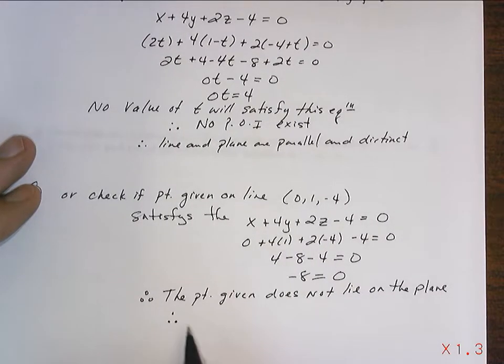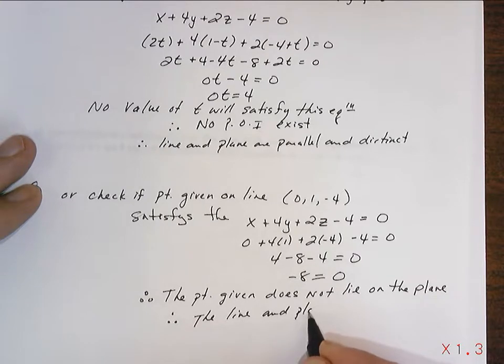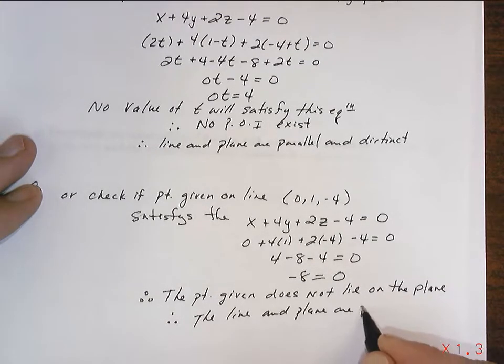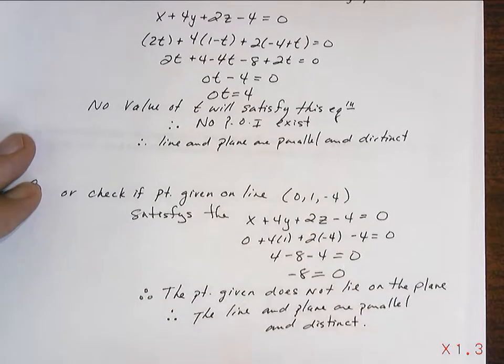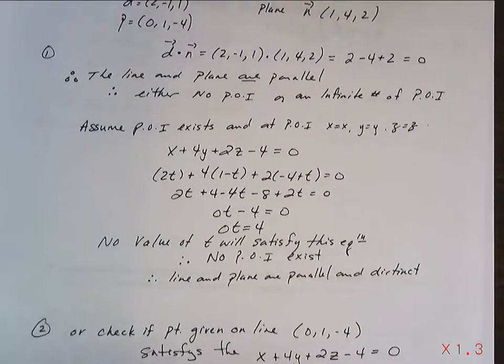Therefore, if we have to decide whether the line lies in the plane or whether the line and the plane are distinct, this tells me that that point isn't in the plane. Therefore, the line and the plane are in fact distinct. Okay, so that was two ways of doing it. We'll come back with the last one.